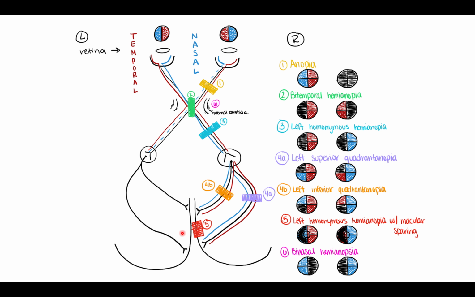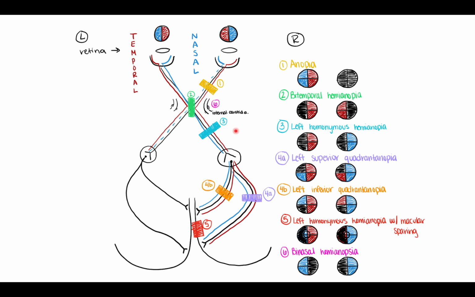Down here, number 5, we have a problem in the primary visual cortex. And when you have this problem, it's not going to be a quadrantanopia because it's not just one of the optic radiations. So when we take out both of these optic radiation synapses right here, we're going to have a left homonymous hemianopsia.